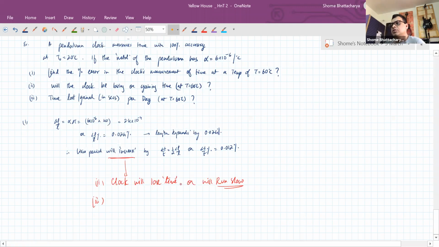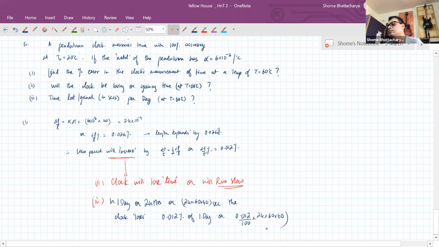Okay. So in one day or 24 hours or 24 into 60 into 60 seconds, the clock loses 0.012% of one day. Yes, if it runs faster, that means it's gaining on time now.